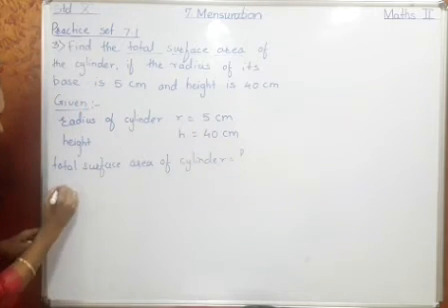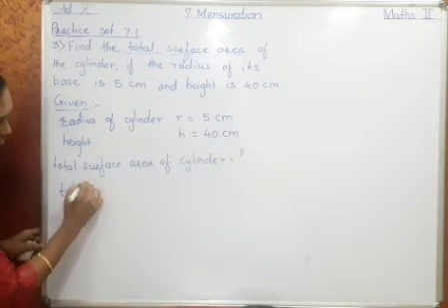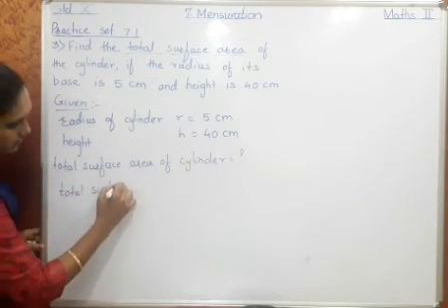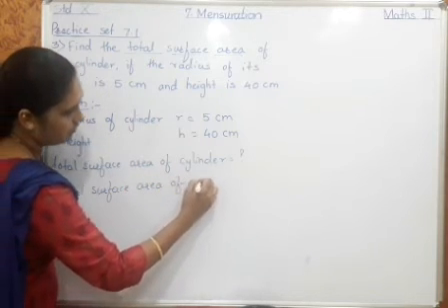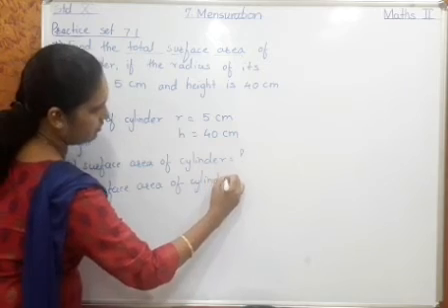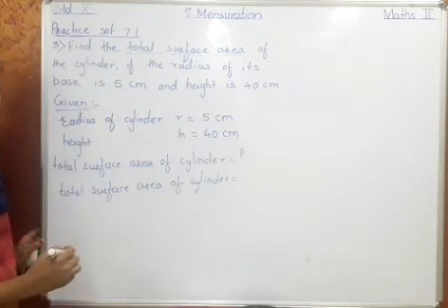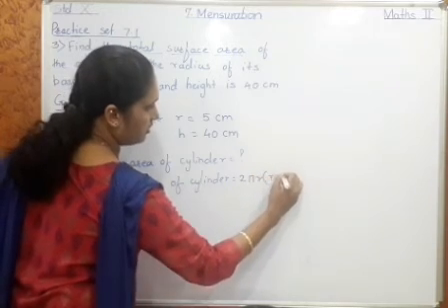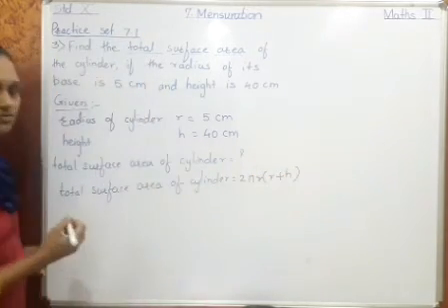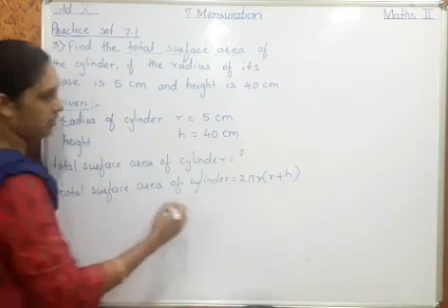Now you all know the formula. Total surface area of cylinder equal to, the formula is 2 pi r into (r plus h). So learn the formulas properly.